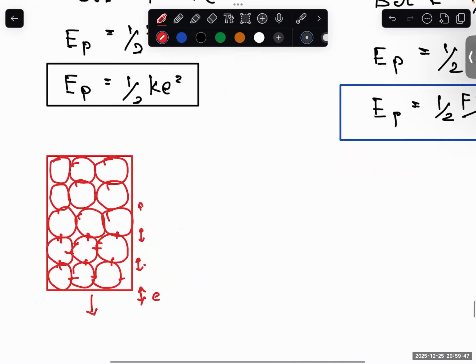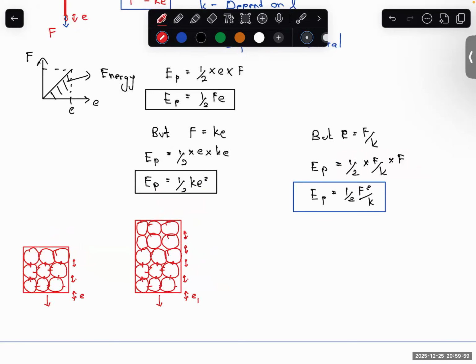So when every space increases, here the number of spaces is high. So let's say every space increased by some nanometer. So when you increase the number of spaces, what will happen to the resultant extension? Same force applied for both, which will produce greater extension compared to e.